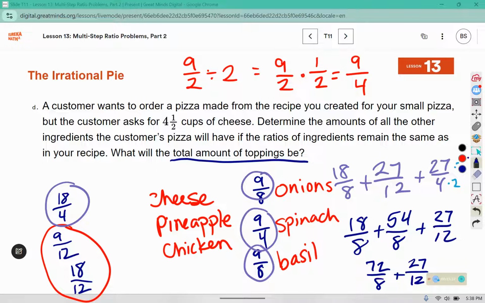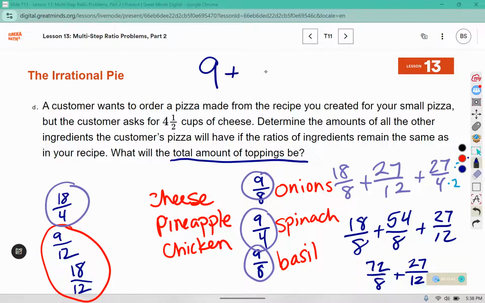I'm going to erase just to clean up some space here, because I am running out of room. This is 9 plus 27 twelfths. Well, I know 12 goes into 24, so that would be 2.